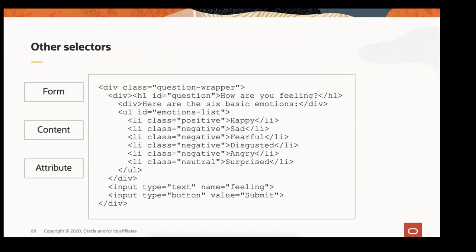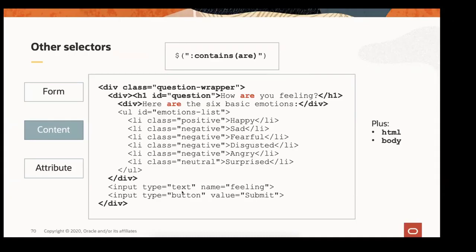We'll take a look at a few other kind of random ones, starting here with form. So jQuery has the concept of pseudo selectors. You put the colon here in front of button, and it selects buttons in the page. Well, I don't have any button elements here, but actually I do. This input has a type of button, so it will render as a button, so jQuery knows to select that. Here's a content selector.